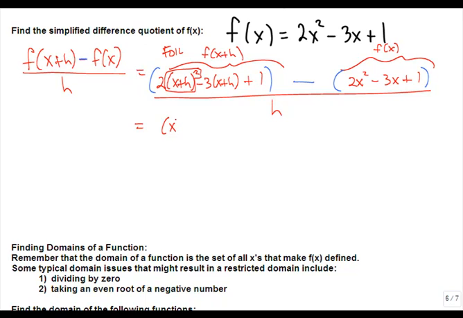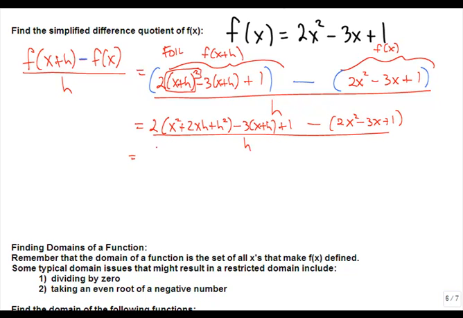So that's going to give you an x squared, it's going to give you an xh and another xh, so you get a middle term of 2xh, and then an h squared. And all of that, after you've squared it, needs to get multiplied by that 2 that was in front. So I'm not really doing a whole lot in this first step. I just squared out that x plus h quantity.